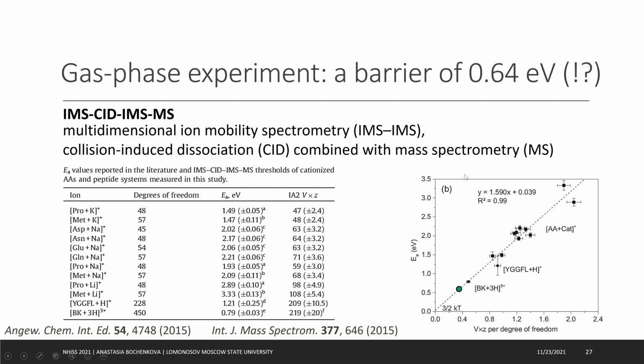These experiments are performed in the gas phase. So molecules travel in a tube filled with some gas, and at some part of this tube the molecules are activated by applying a voltage. By applying a high voltage, more energy is transferred through collisions, and the reaction then eventually happens.